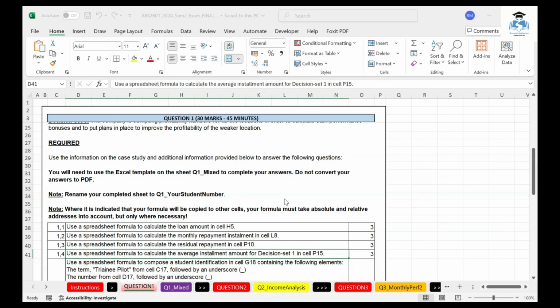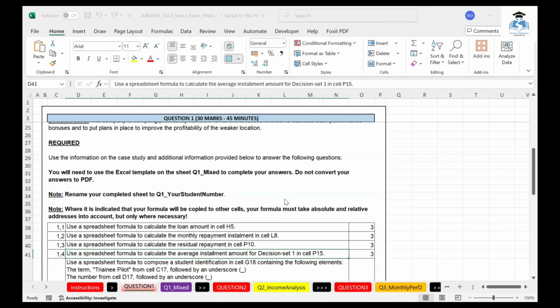Where it is indicated that your formula will be copied to other cells, your formula must take absolute and relative addresses into account, but only where necessary. Remember what I said last time: you need to pay attention to this, because it's not every time that you're supposed to use an absolute value.